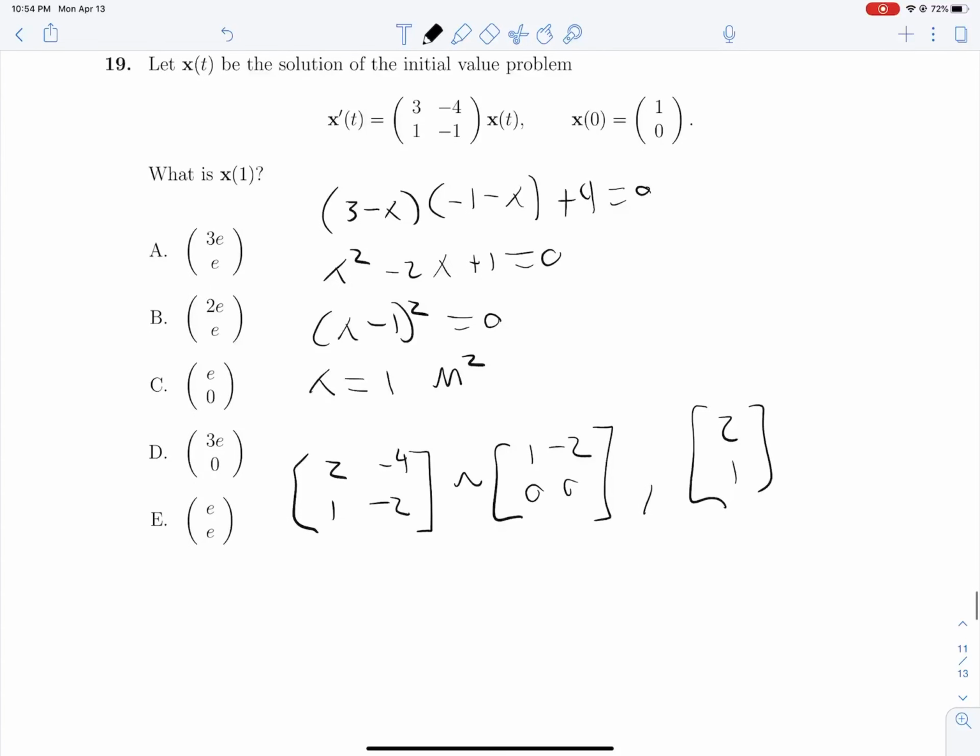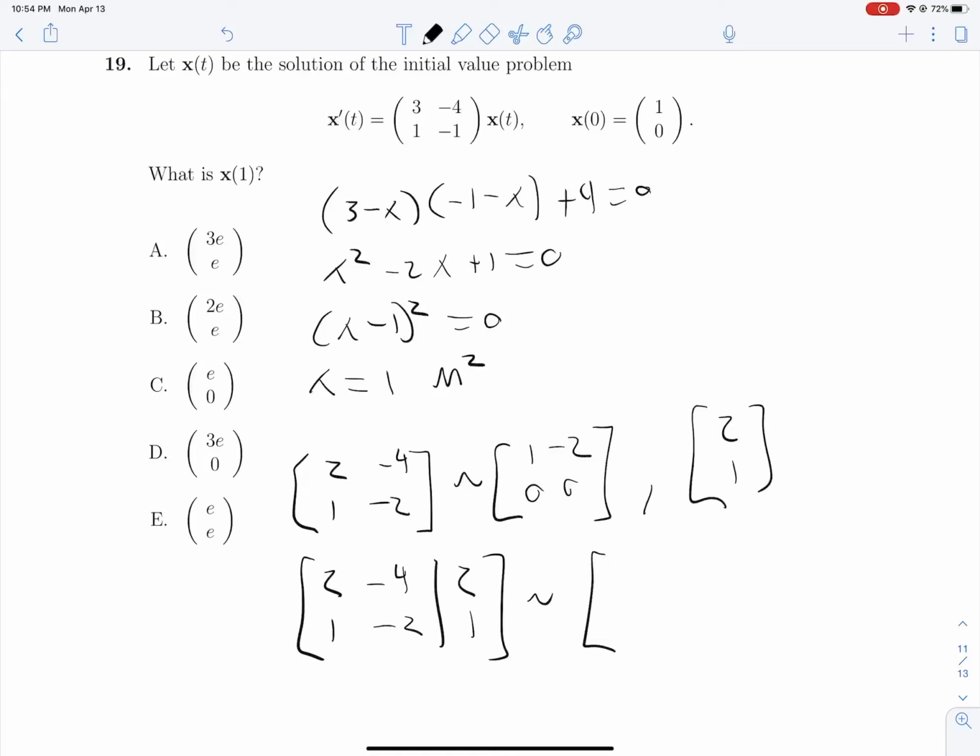Now, since we have a multiple eigenvalue and we've only found one eigenvector, we're going to solve for the generalized eigenvector, which we get by setting up the system of A minus lambda I, so 2, 1, negative 4, negative 2, and setting that equal to our first eigenvector.